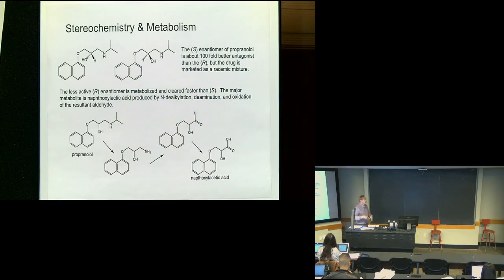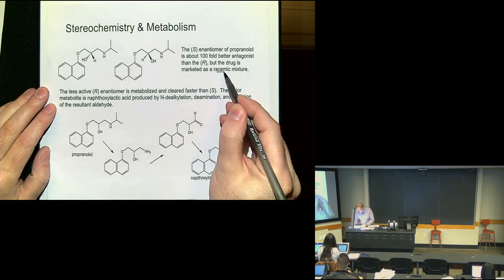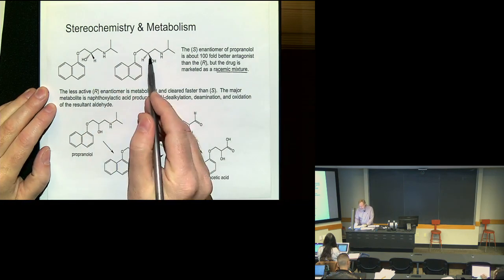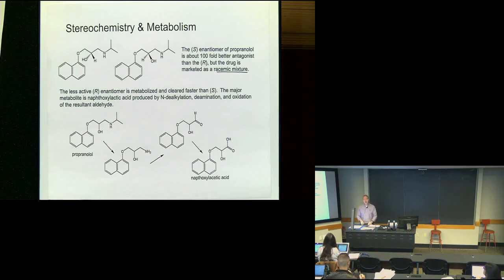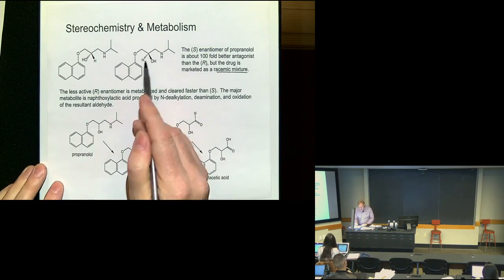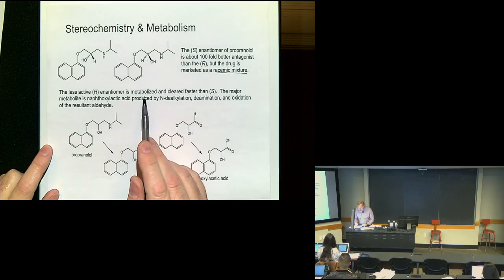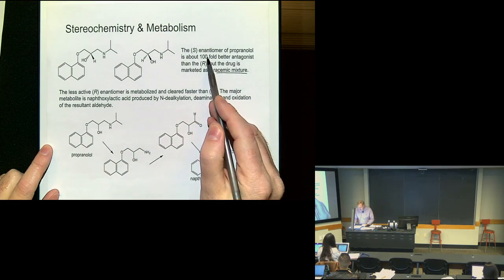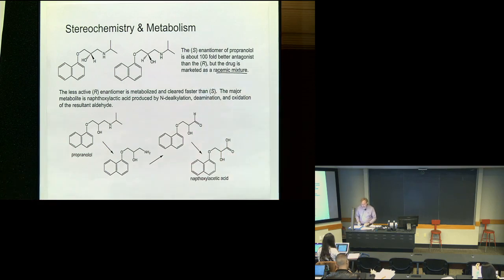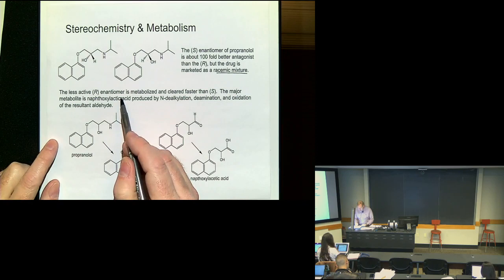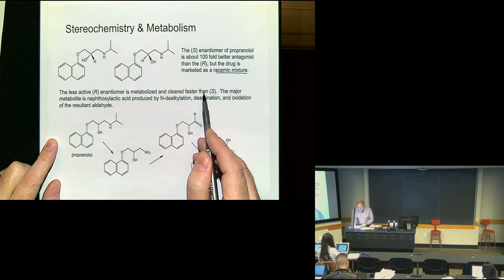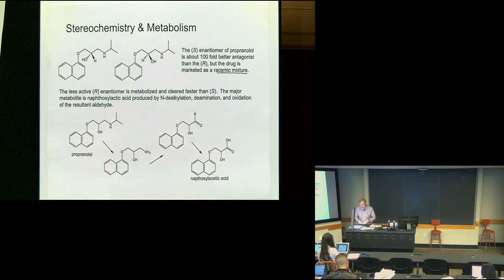Now, propanolol, it's marketed as a racemic mixture. So one chiral center, you have both of them there. You administer the drug, both of these go into the system. But the S enantiomer is about 100-fold better than the R. And part of that is because the R gets metabolized and cleared faster than the S. It's recognized by these enzymes that cause the metabolism.